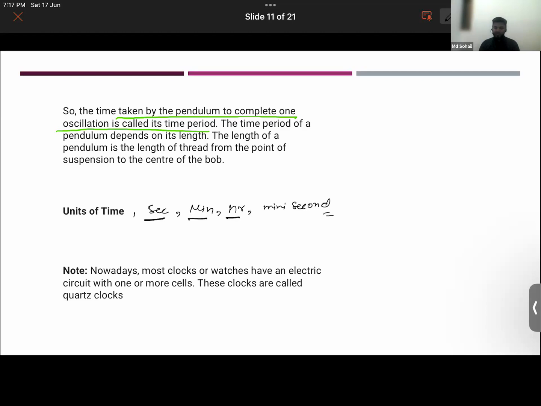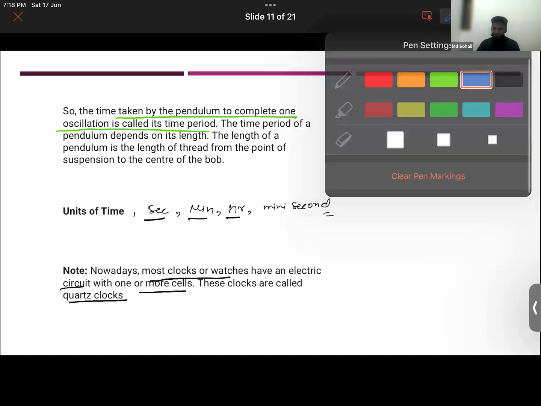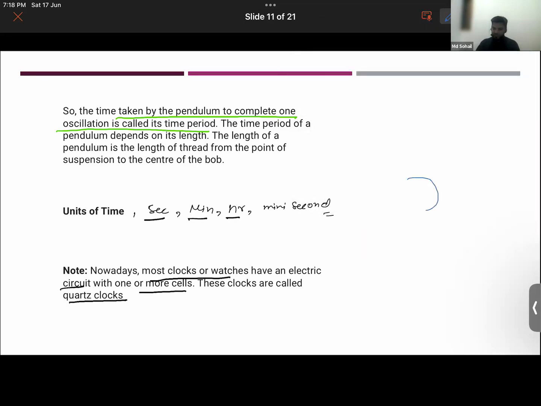Note that nowadays most of the clocks or watches which we use have an electric circuit with one or more cells, and these clocks are called what? Quartz clocks, right? Notice that whether they are analog or digital clocks, all of them have an electric circuit attached to the back of their body, and a very small cell which runs that circuit.